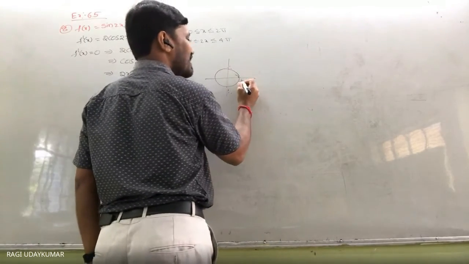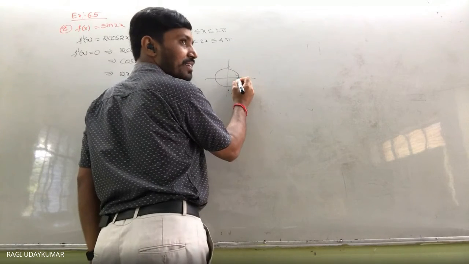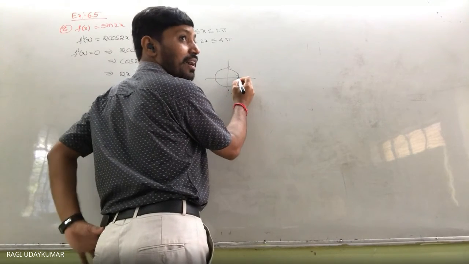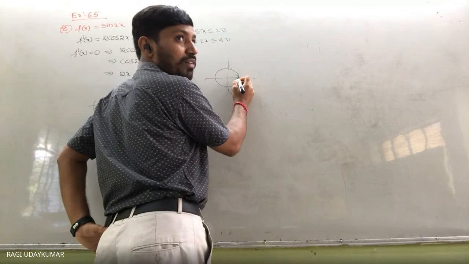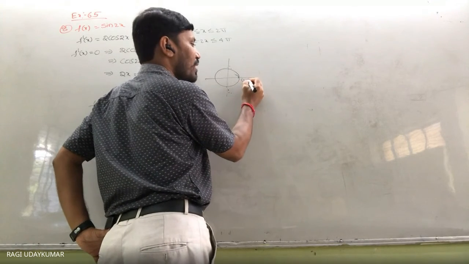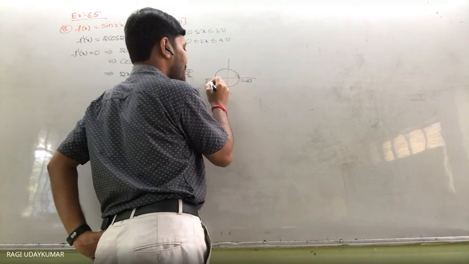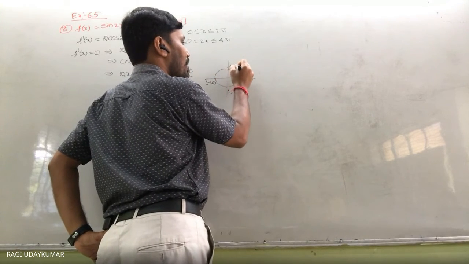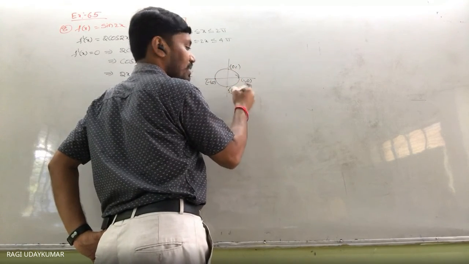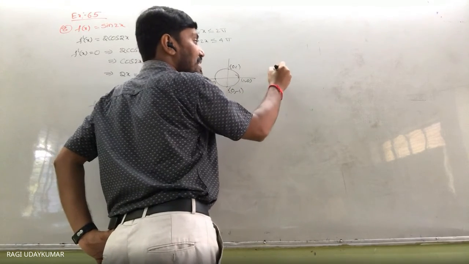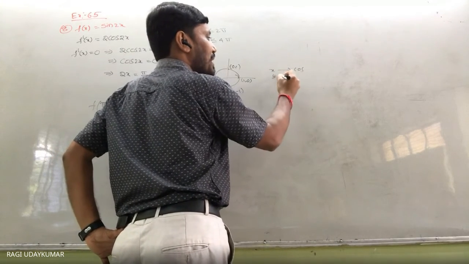Simple. What is this point? 0, 1; 0, 1; the y coordinate will be 0. This is -1, 0. This is 0, this is 0, -1. X represents cos, y represents sin.